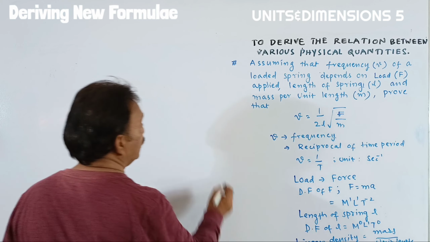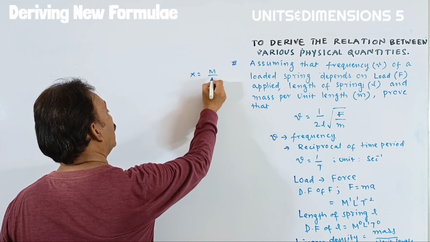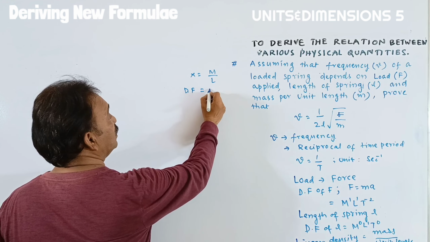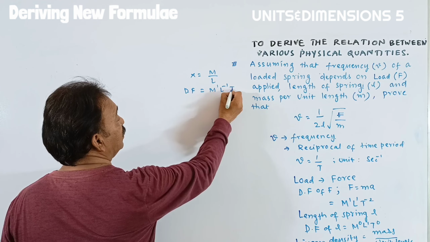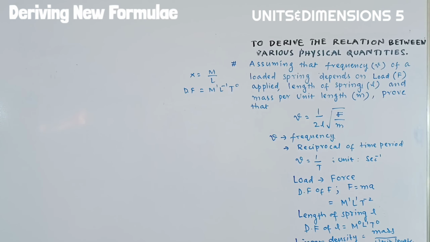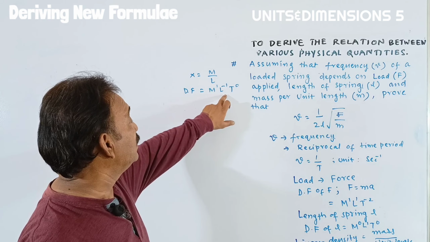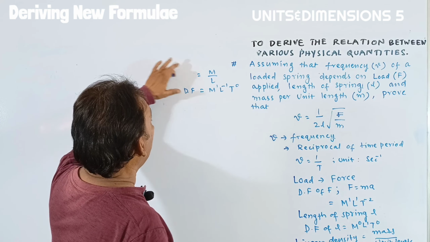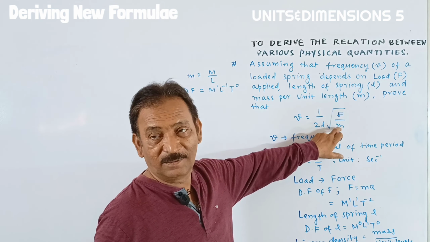Okay, students, if you say linear density is m, it is mass per length, and the dimensional formula is equal to M^1 L^-1 T^0. Okay, students, here we have the dimensional formula of linear density. I'm taking linear density as small m. That's why we use the m here.